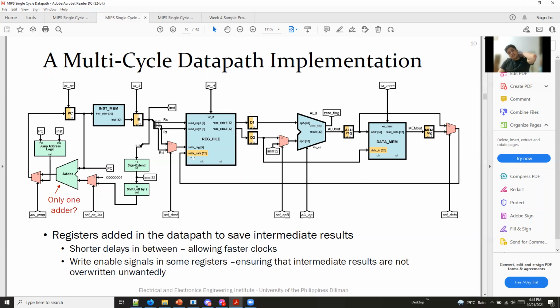Pagka meron tayong nag-shift or yung load word at saka save word na instructions. Kaya sila yung usually mahaba. And then, dito rin meron din parang bypass or diretso sa data memory if hindi kailangan dumaan ng ALU.